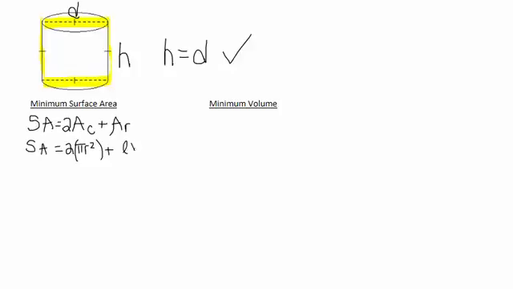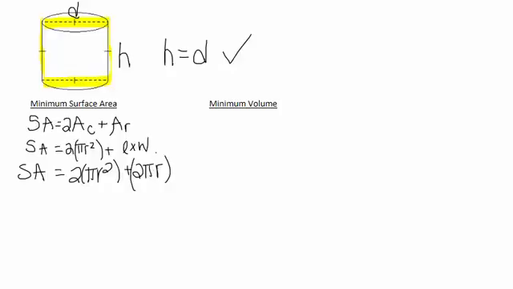Now we'll expand this a little bit more, so we'll keep the area of the circles, but we know that the length of the rectangle, so this line that I'm tracing, is actually equal to 2 pi r. And if you don't know where that came from, just go back to the unit that we learned the equations for the surface areas of a cylinder.